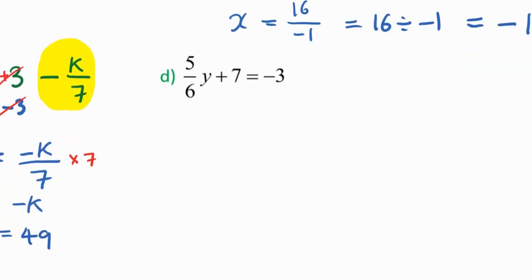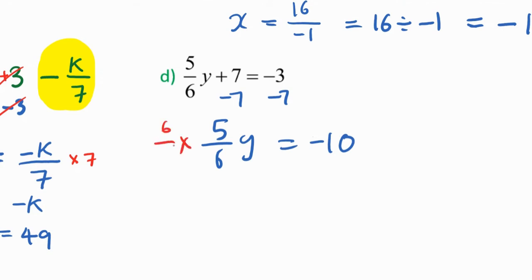Next. Okay, same thing. We're going to isolate the term with y by subtracting 7. So 5 over 6y equals negative 3 minus 7. Negative 3 minus 7 is negative 10. And we're going to multiply by 6 over 5. 6 over 5, right?